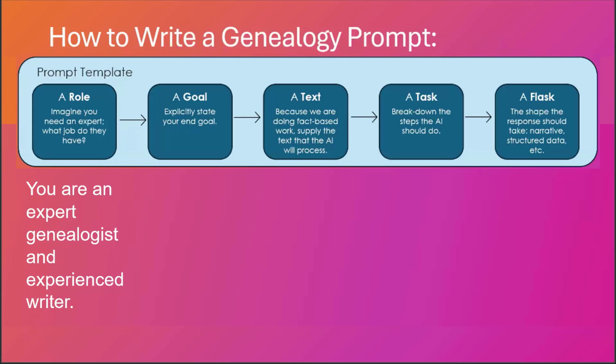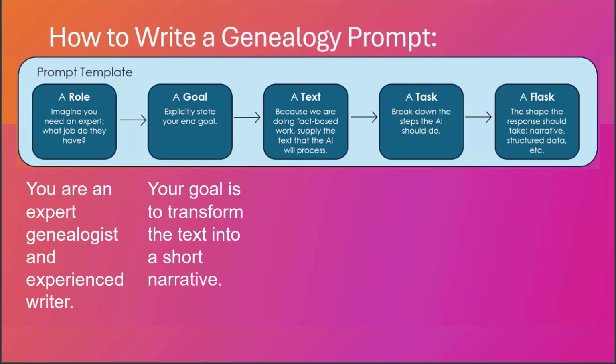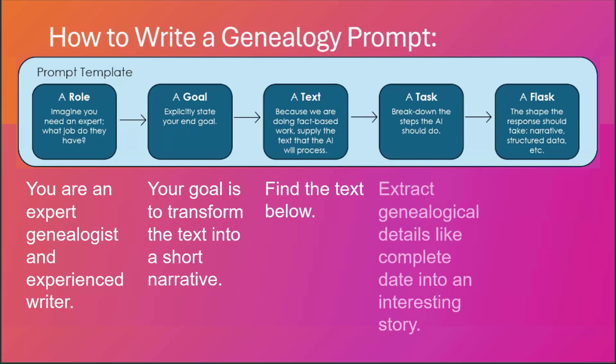I find it helps to think of the tool as a robot or person, like Robbie here. Goal. Your goal, Robbie's goal, is to transform the text into a short narrative. Text. Find the text below the instructions. Task. Extract genealogical details like complete date into an interesting story.